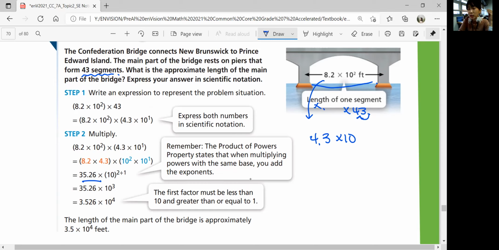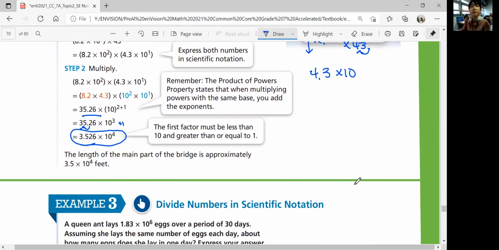In order to write that in scientific notation, move one decimal place and add 1 to your power. So your final answer is 3.526 times 10 to the fourth power. Okay, the length of the main part of the bridge is approximately 3.5 times 10 to the fourth feet.